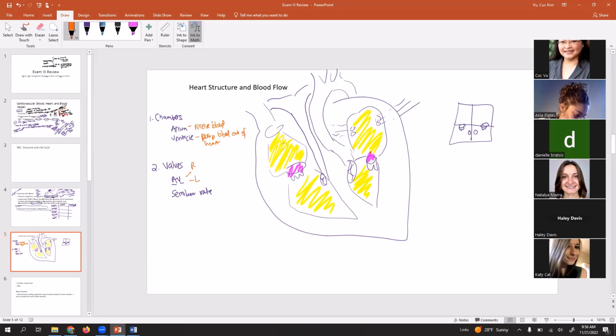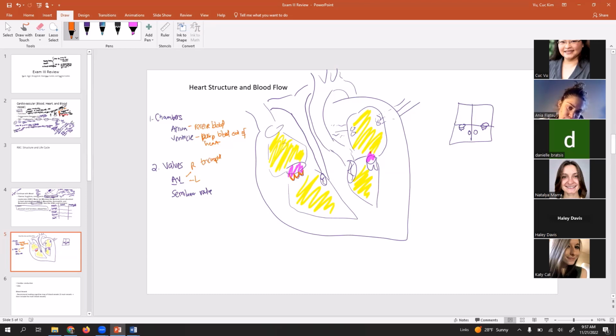On the right, there are three of them. This AV valve has three cusps, these three flaps, and that's why we call it tricuspid.